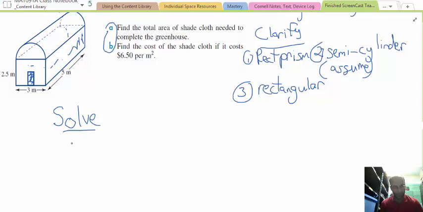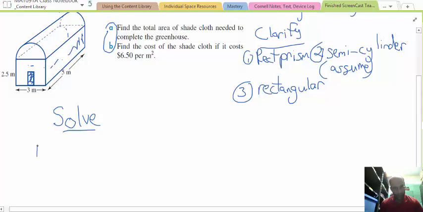I'm going to look at the total surface area. So we've got the shapes listed there and clarify. We've got the total surface area of the shape of the greenhouse is the surface area of a rectangular prism, with a few little changes I'll talk about in a minute.